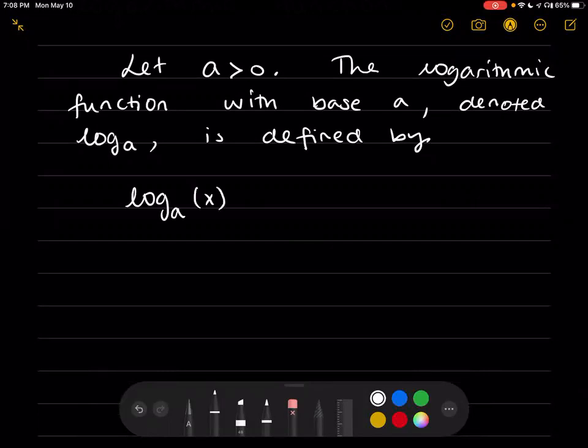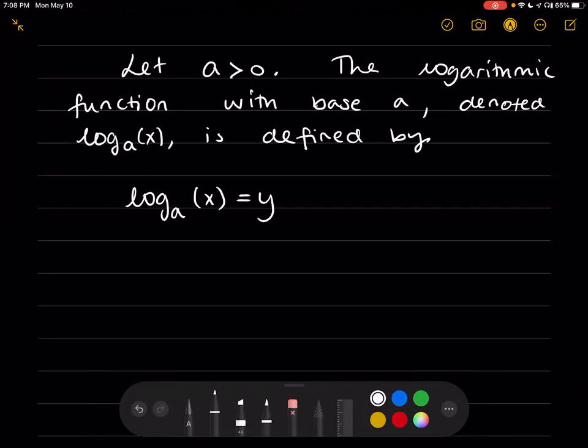It's a function, so for clarity's sake, I'll put a little x here too. Sometimes people leave the parentheses off if it's really clear what's going on. I'll show you what that looks like in a second. So log base a of x is equal to y.